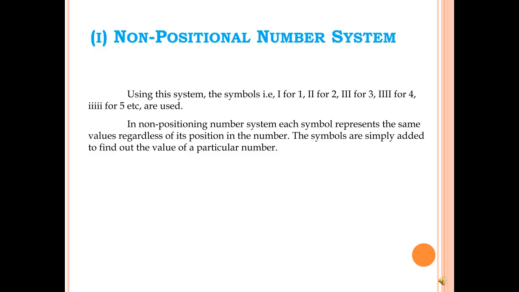In a non-positional number system, each symbol represents the same value regardless of its position in the number. The symbols are simply added to find the value of a particular number. The specified symbols which you have seen for the numbers we could majorly denote as Roman numerals.